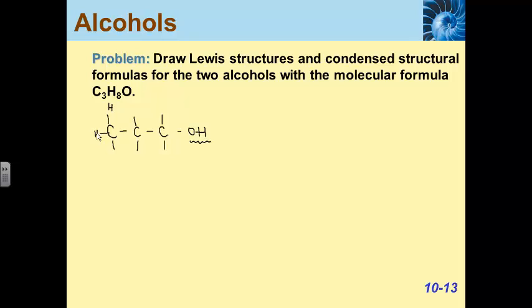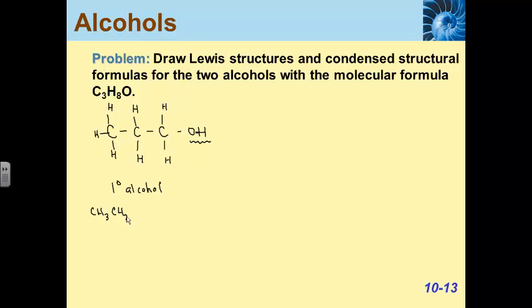By arranging CH3, CH2, CH2, OH in a structural formula, we've created a primary alcohol. Now take a look at what we've done. We've done CH3, the first carbon with 3 hydrogens.